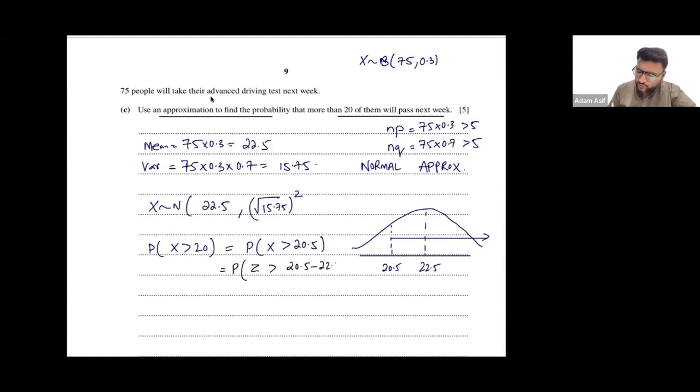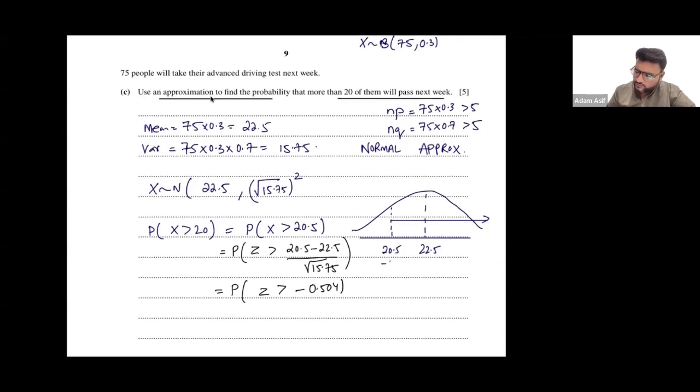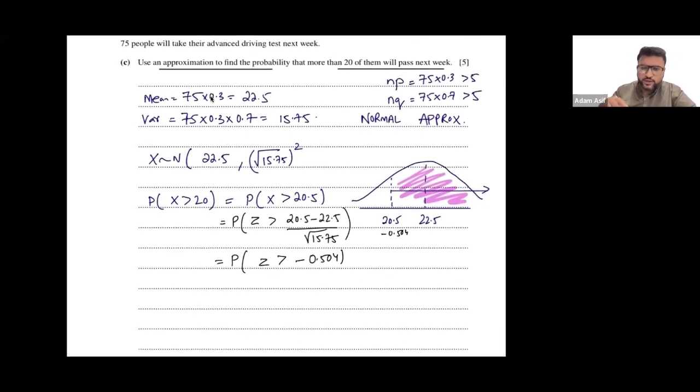First let's find the Z value. 20.5 minus 22.5 divided by sigma, the square root of 15.75. So the probability that Z is greater than, calculate this, minus 0.504. Now this value is minus 0.504. We need the body area over here. We are going to go back to the table and read the body area at the Z value of 0.504.